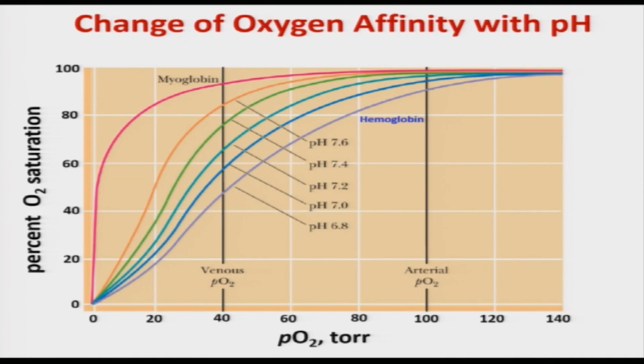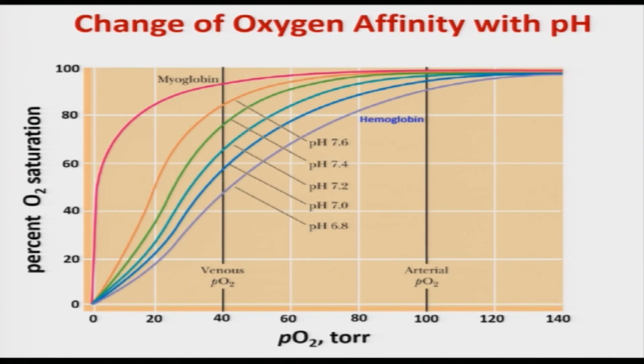Due to the absence of cooperative interaction, as there is only one subunit, myoglobin oxygenation does not show any Bohr effect. Oxygenation is favored in basic condition in hemoglobin, whereas deoxygenation is favored in acidic condition as shown in the curve.